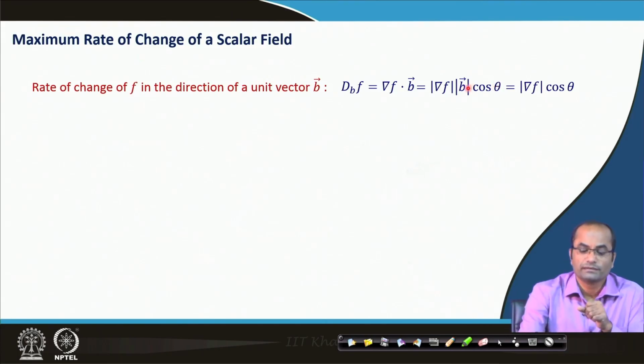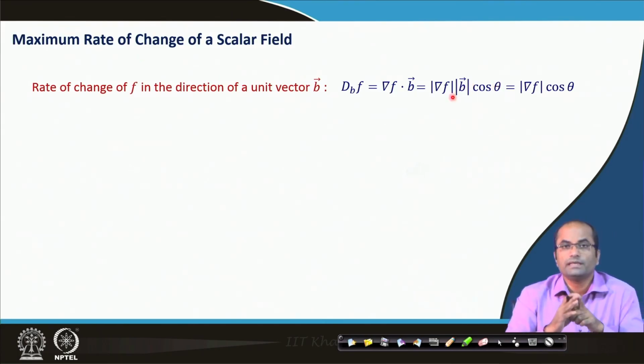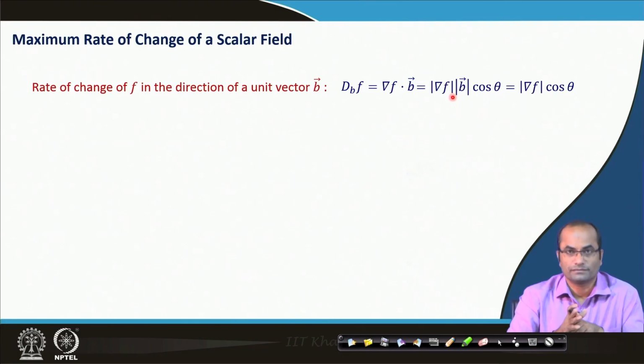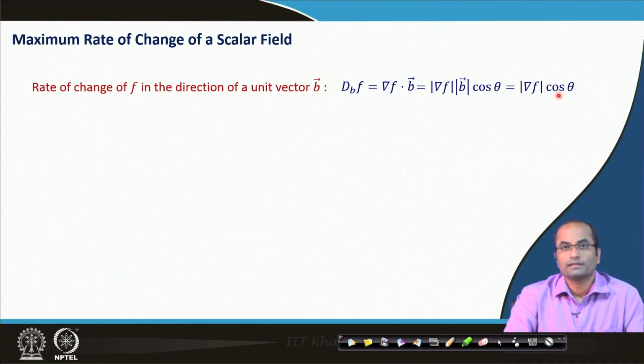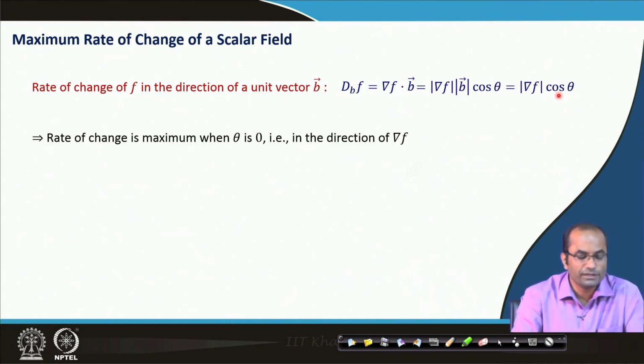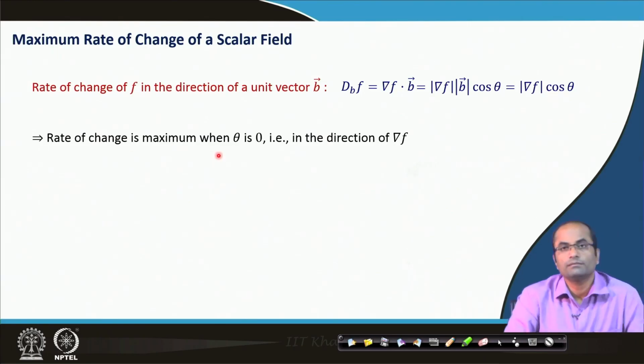So, if we take the unit vector b in the direction of del f, and compute the directional derivative in that direction, then the magnitude is going to be the largest one, the maximum one. So, the rate of change is maximum when theta is 0, that means in the direction of the gradient f.